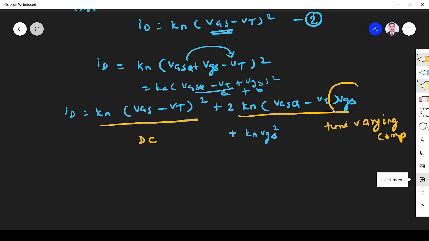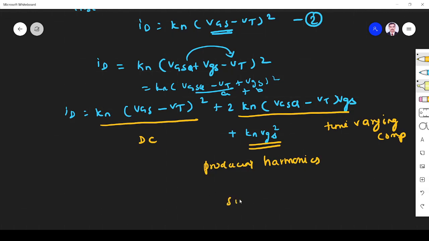Because of this vgs squared, this is producing harmonic components. Because of the second order square, if you square any sinusoidal signal, it will produce harmonics. What is the reason? You see, sin squared t will give (1 plus cos 2 omega t) by 2. So this is the second harmonic of the fundamental frequency. So a square term always produces harmonics, right?